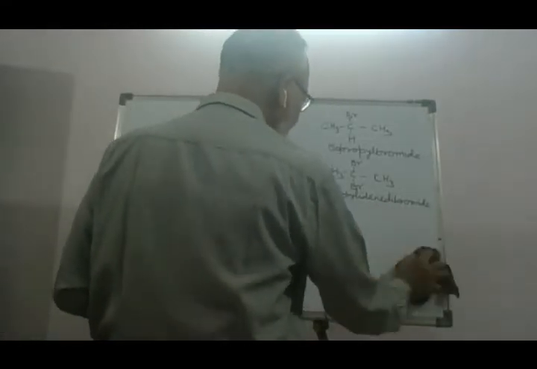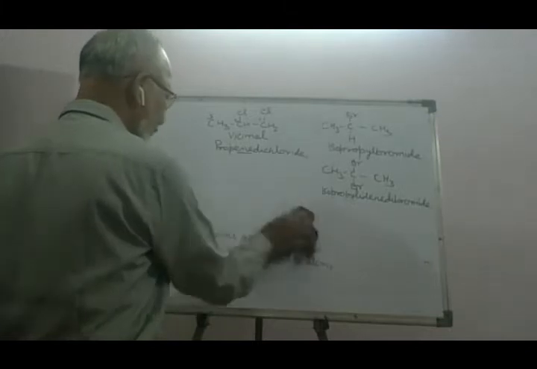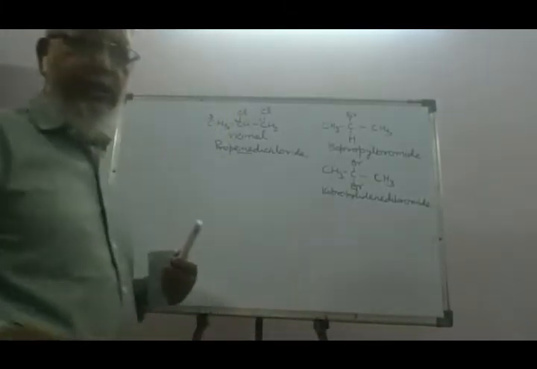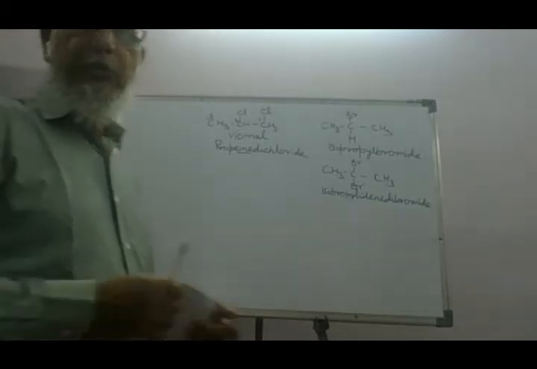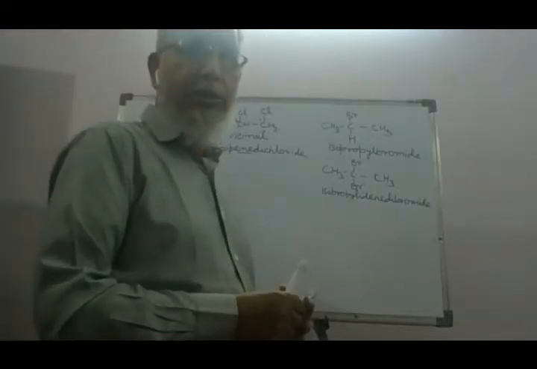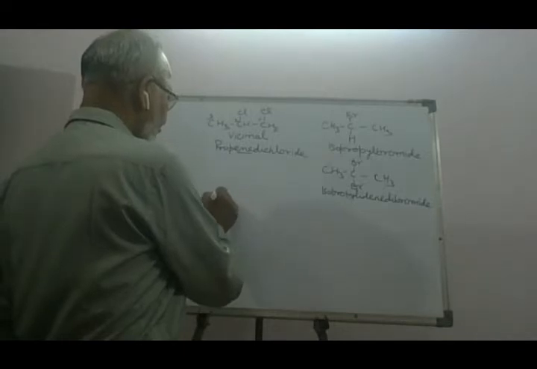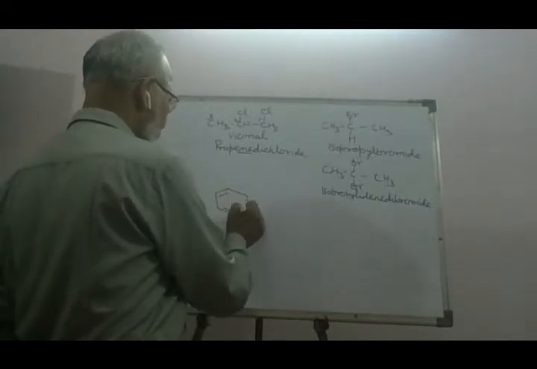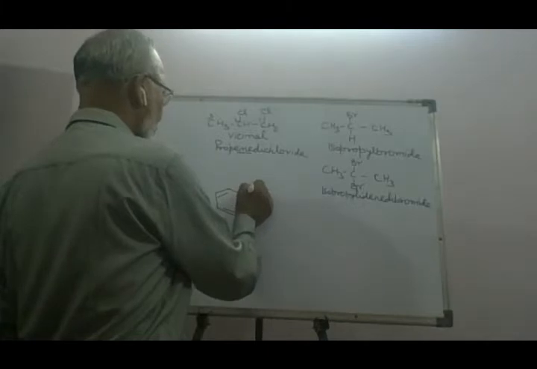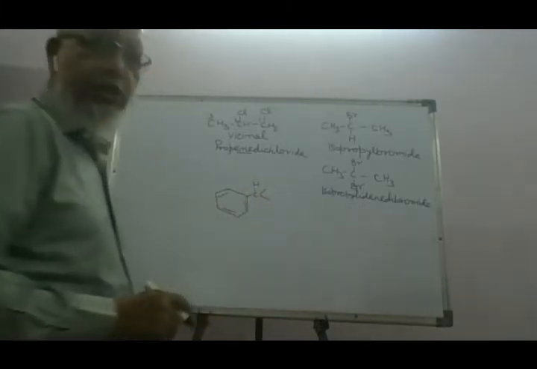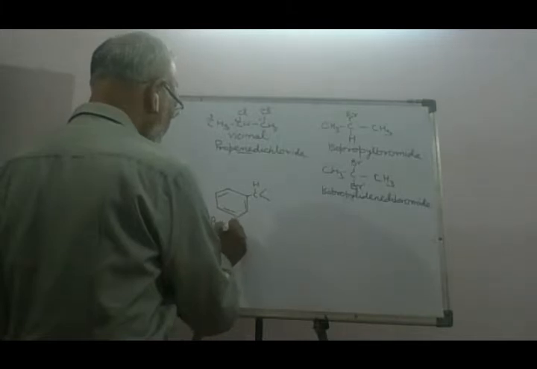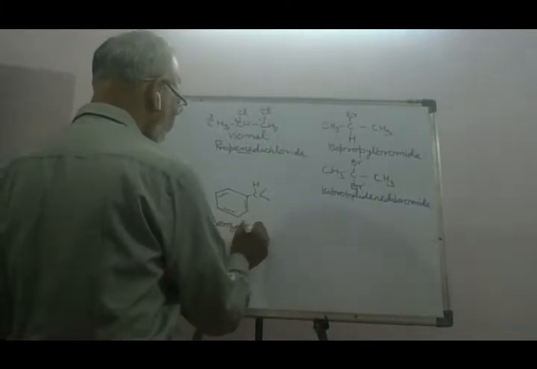Now let us take the case of such an alkyl halide which contains a benzene nucleus, but the two halogen atoms are substituted in the side chain. Then if the case is like this, this group is known as benzyl group or benzylidene group.